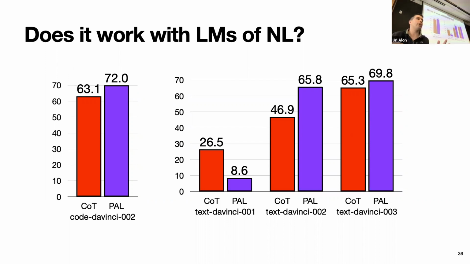So basically, the conclusion here is that we don't have to have a model of code. We can use a model of natural language, but it needs to have a sufficient ability to generate code.